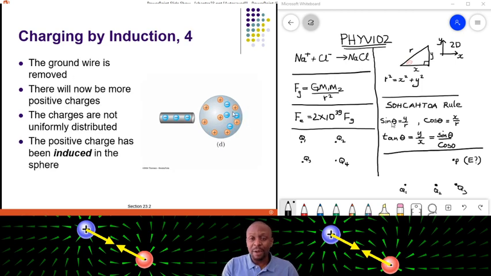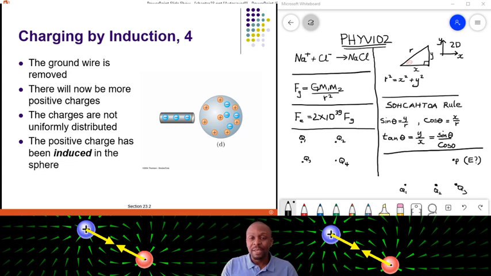If you remove the wire, you end up having fewer electrons compared to positive charges. As a result, the positive charge has been induced, which means this metallic sphere will then be positively charged. We normally say that the positive charge has been induced in the sphere.